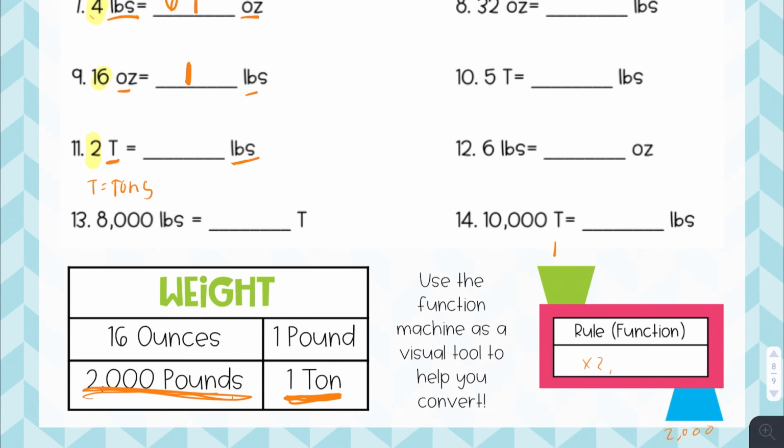So I know the rule is times 2,000, because 1 times 2,000 is 2,000. But here I have 2 tons, so I have to figure out how many pounds that is. So I'm going to put 2 tons into the machine, and I'm going to multiply it by my rule times 2,000. So I know that 2 times 2,000 is 4,000. So I know that 2 tons is equivalent to 4,000 pounds.